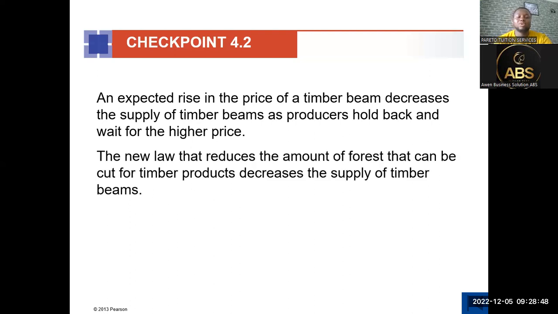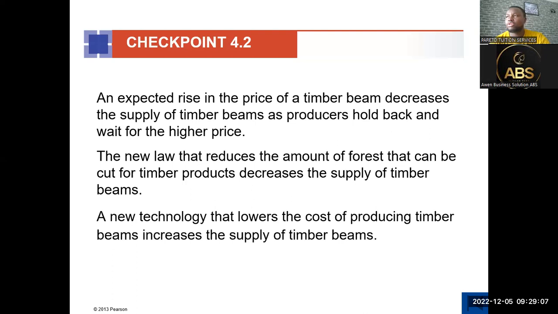And then there's a new law that is reducing the amount of forest that we can use to produce timber. So what is going to happen? It will decrease the quantity of timber, the supply of timber that we can offer for sale. So this will cause a decrease in supply. And then a new technology.